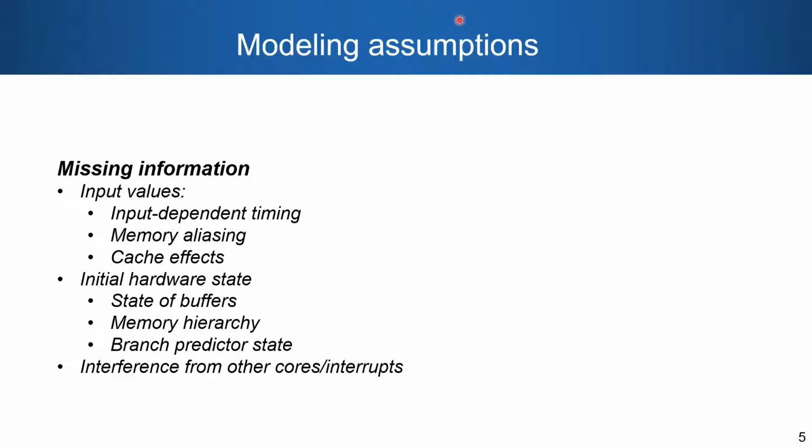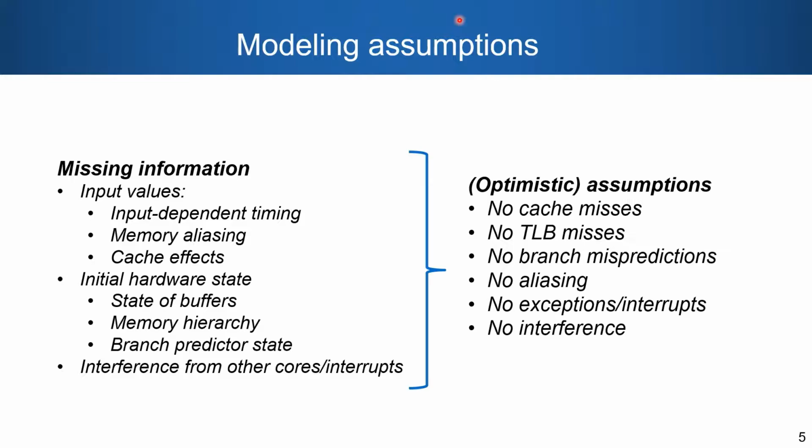To deal with this statically unknown information, the existing tools make a number of typically optimistic assumptions that are justified by the fact that the tools are intended to only analyze code that is compute bound. These assumptions include, for example, that all memory accesses are cache and TLB hits, that there are no branch mispredictions, that no aliasing occurs, that during the execution there are no exceptions or interrupts, and that there is no interference from other cores.